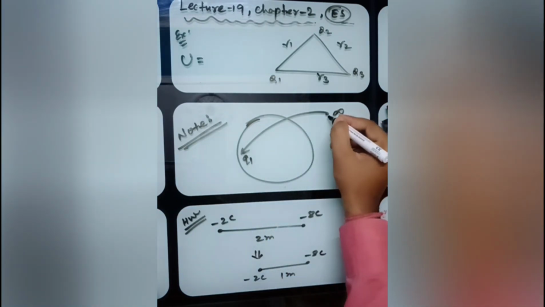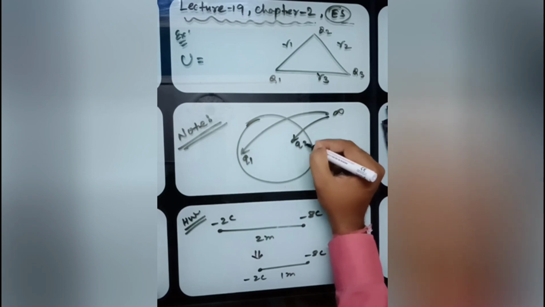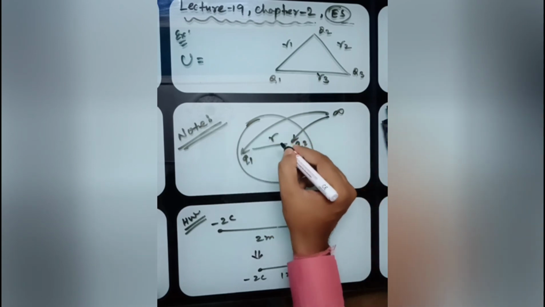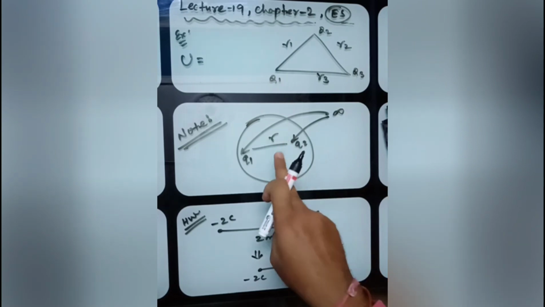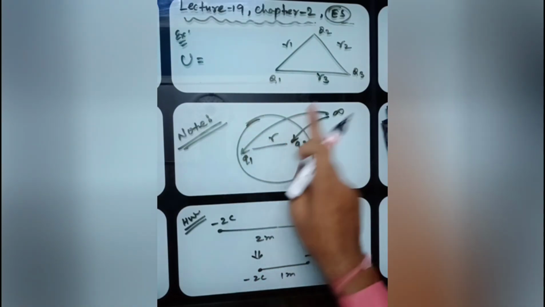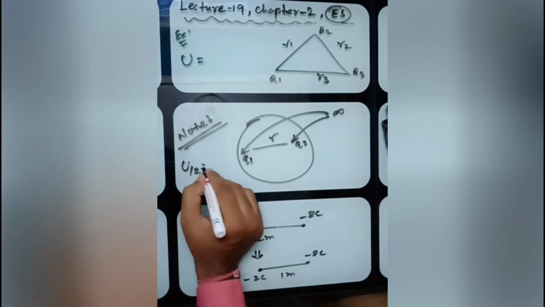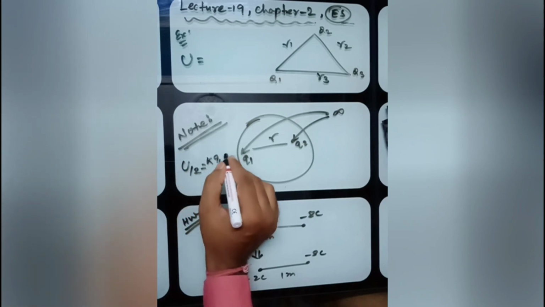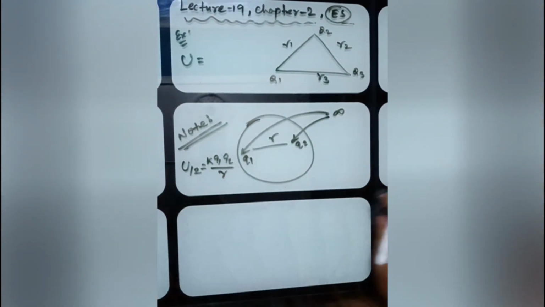If you again bring a charge Q2 at distance R, now there will be potential energy. Exactly, and then you will write U between 1 and 2 as K Q1 Q2 by R. Am I right? Yes.